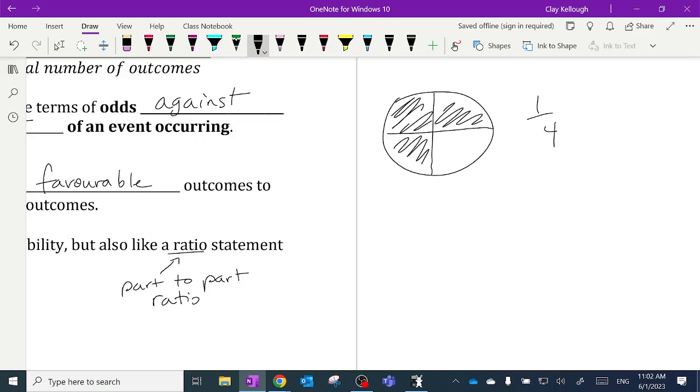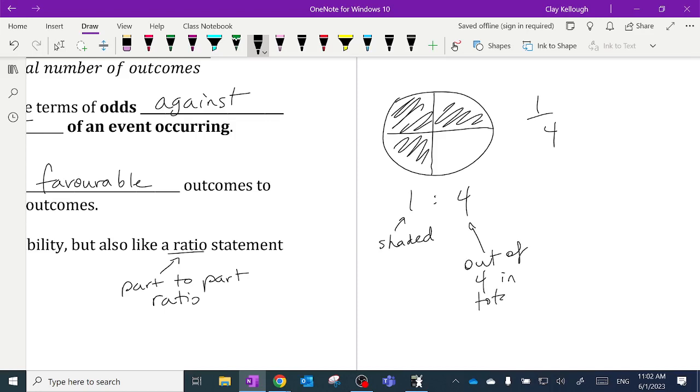But if I asked you what ratio it is, well, now it's kind of, what do you mean by ratio? You could say 1 is shaded out of 4 in total.